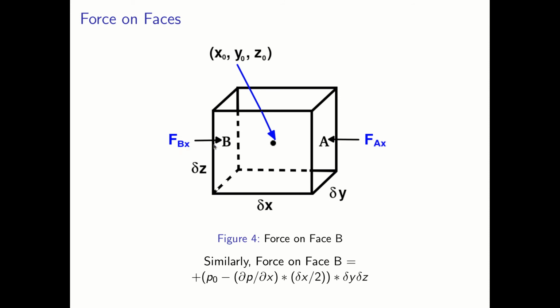So Fbx is in the direction of the pressure gradient in the x direction. So we'll be using a positive sign here. So the force on face B will be P0 minus del P by del x into delta x by 2 and multiplied with the area. So delta y into delta z.